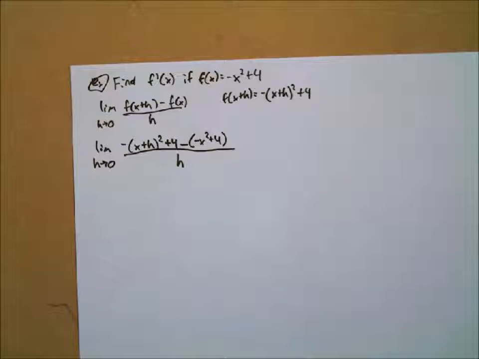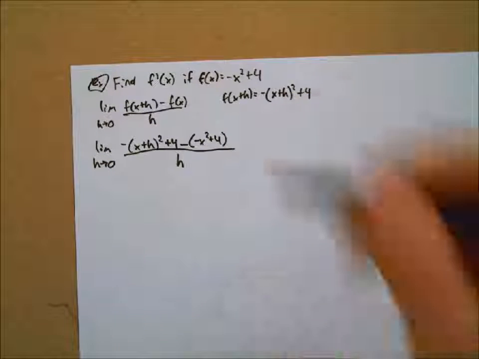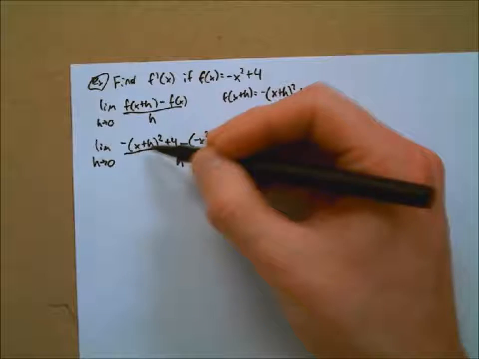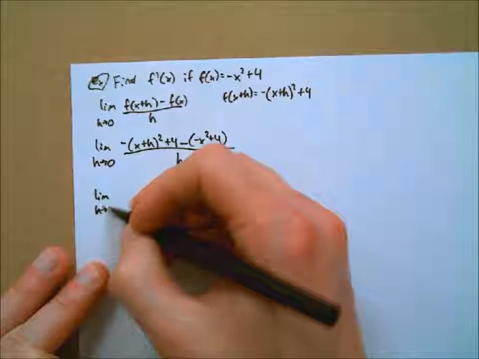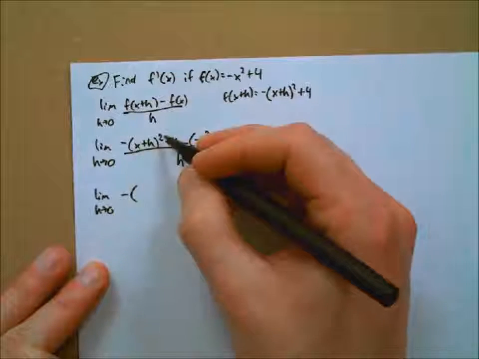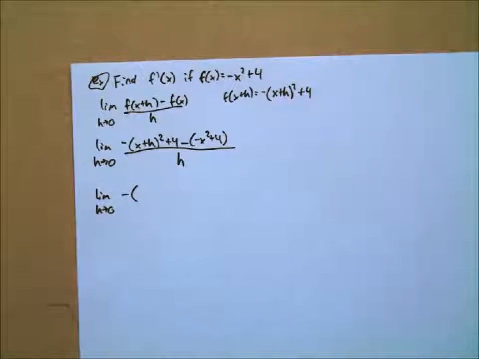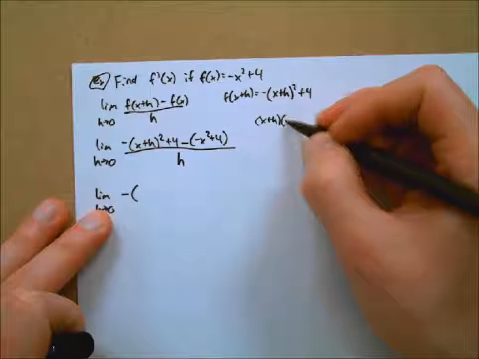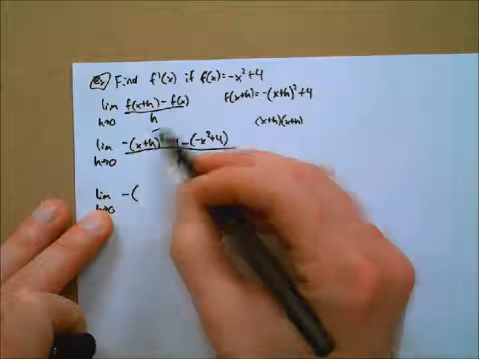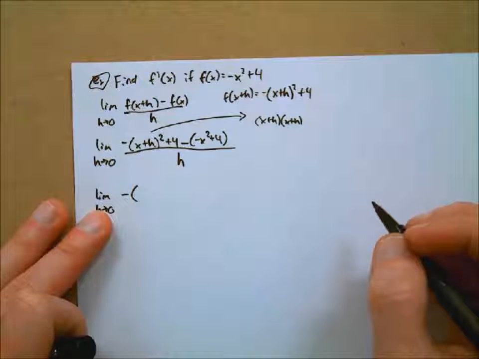Okay, now the simplification here is a little bit trickier. We have to square the quantity x plus h. So negative x plus h quantity squared. If you think about it here, that really means x plus h times x plus h.